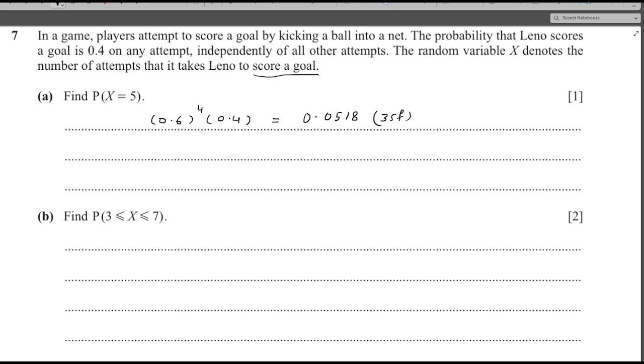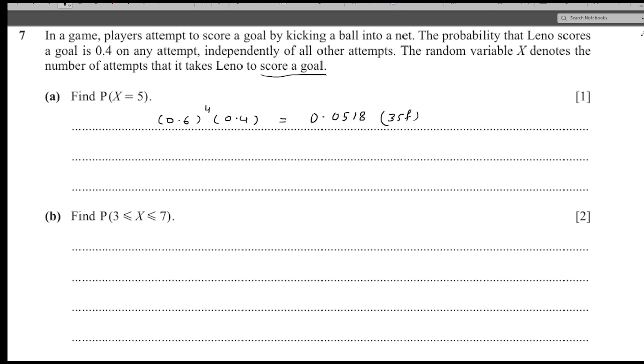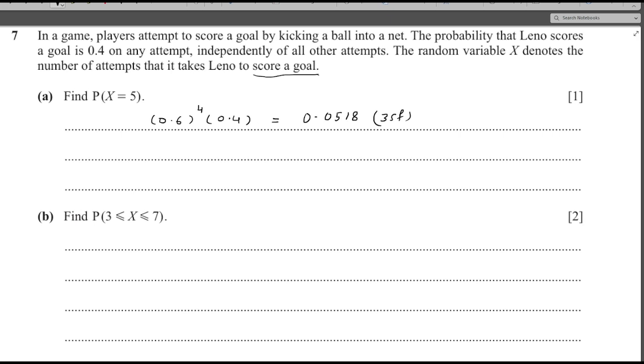Now here again, as this is a case of geometric distribution, I will say that this is the same as the possibility of x less than or equal to 7 minus the possibility of x less than 3.